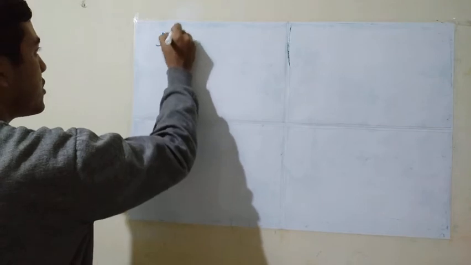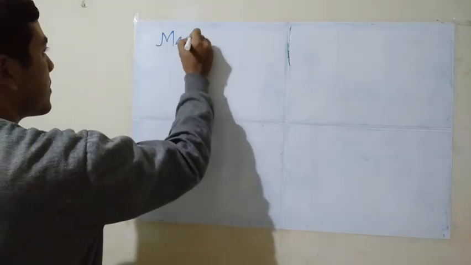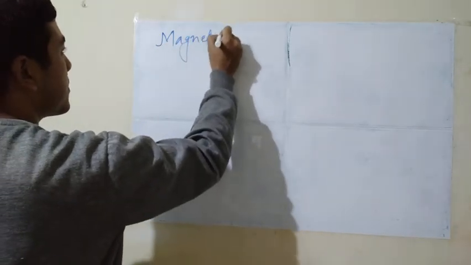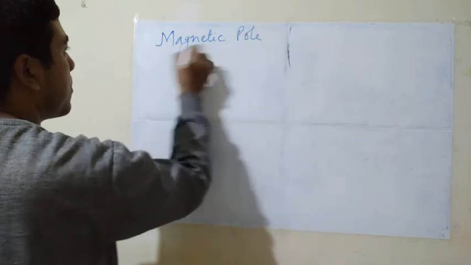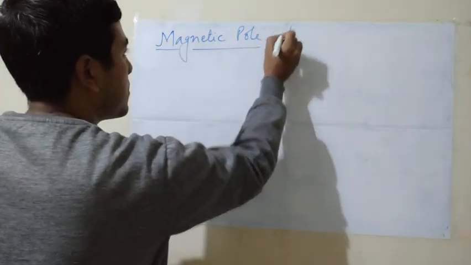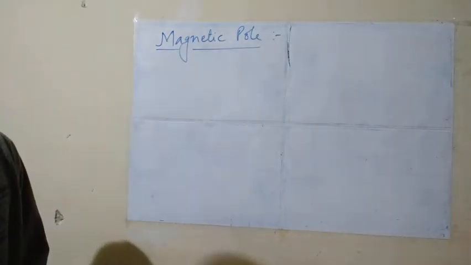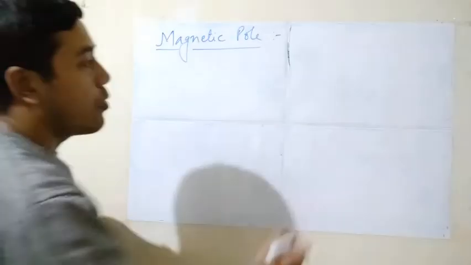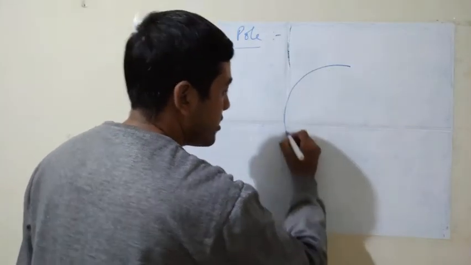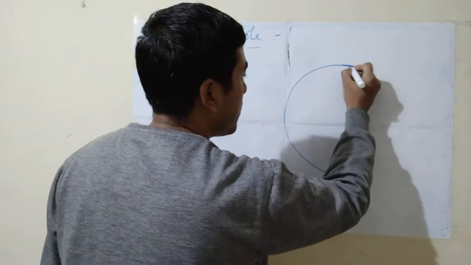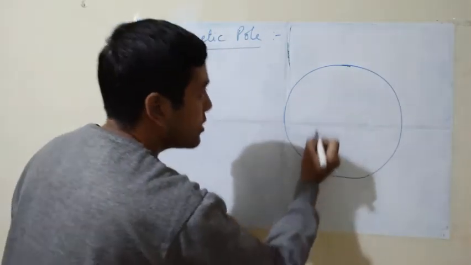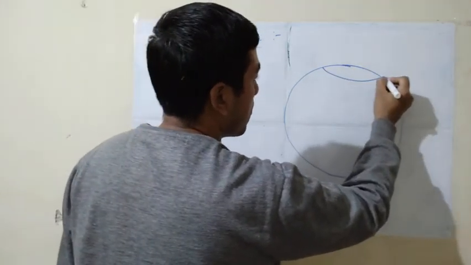See, what is this magnetic pole? You all have heard that this is our earth. In geography, in SST, you all heard that earth has two poles.